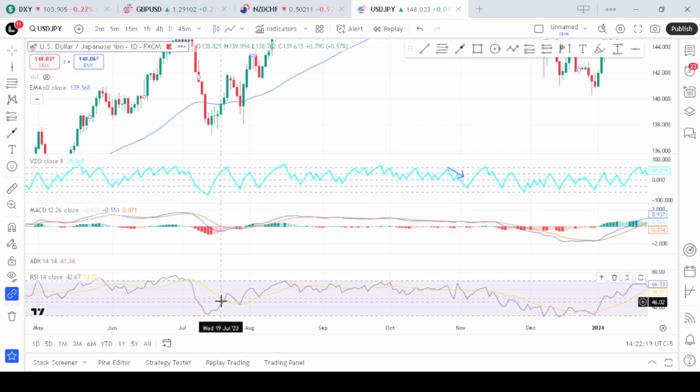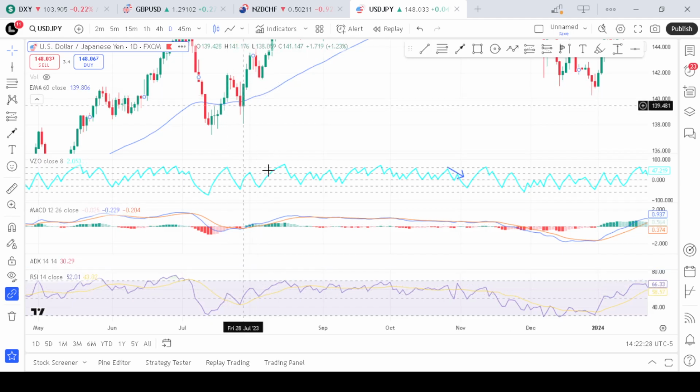At this area it was getting above 50. This adds confidence to your buy decision. If you want to take a trade from here and you spot this confluence, it should add enough confidence to your buy decision.